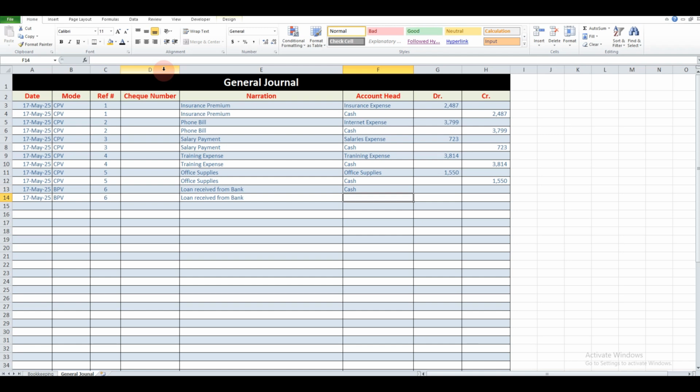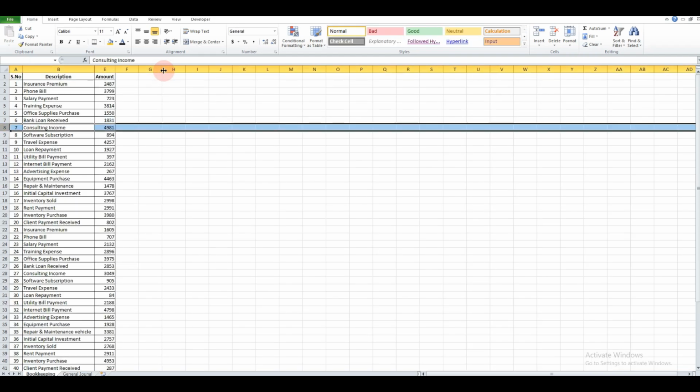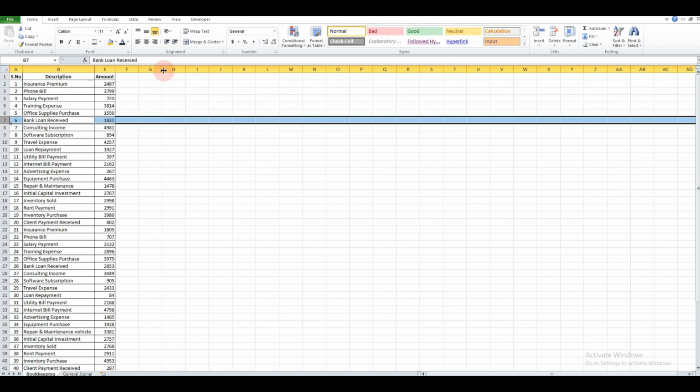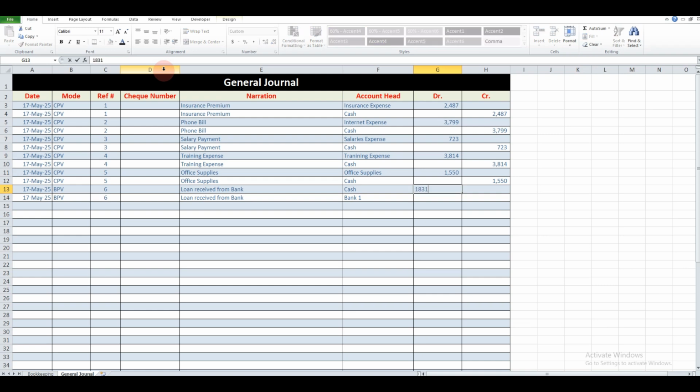We have taken a loan, so we will add a liability account over here. So bank one is credit, the amount is 1831.